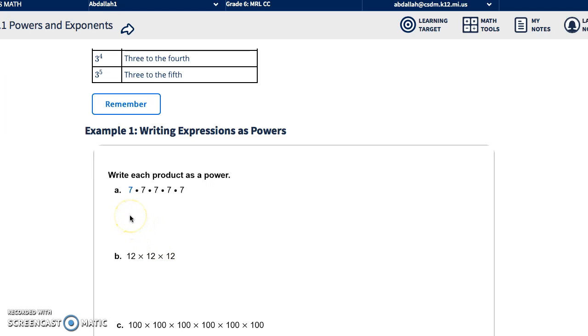So count the number of times 7 is used as a factor. 1, 2, 3, 4, 5 times. Because 7 is used as a factor 5 times, its exponent is 5. So 7 times 7 times 7 times 7 times 7 is equal to 7 to the fifth.